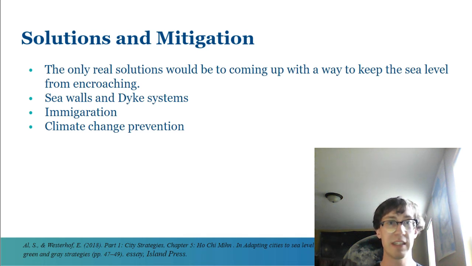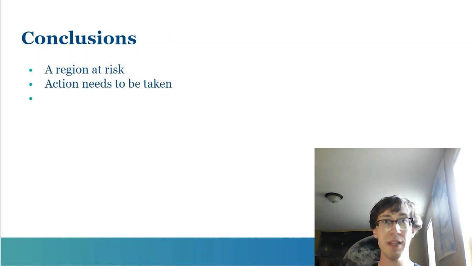So this is going to have to be an extremely discussed and looked at thing in the upcoming years if we don't do anything about sea level rise, because we're going to have millions upon millions of people forcibly removed from their homes due to sea level rise, and they're not going to have anywhere to go unless we do something about it. And in conclusion, this is such an at-risk area, and actions need to be taken if we want to at least give these people a fighting chance.